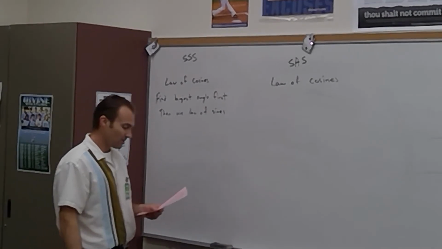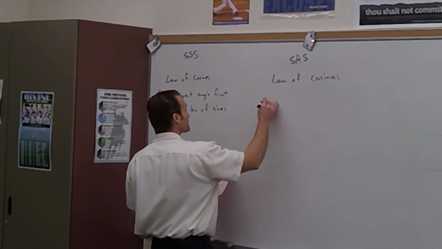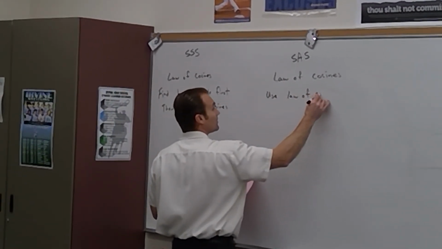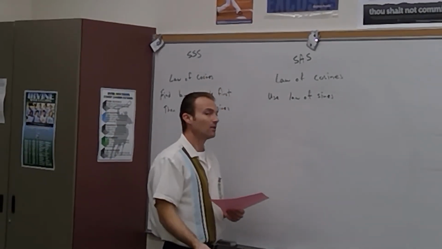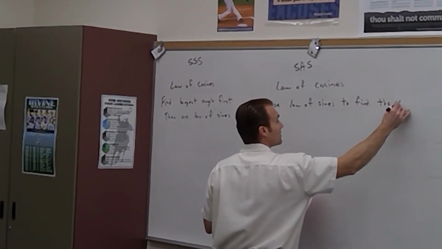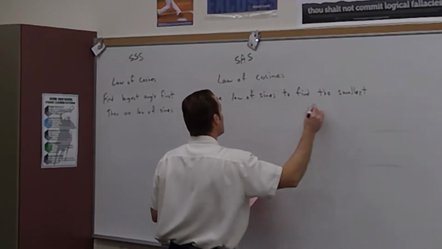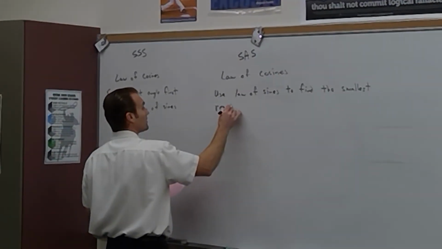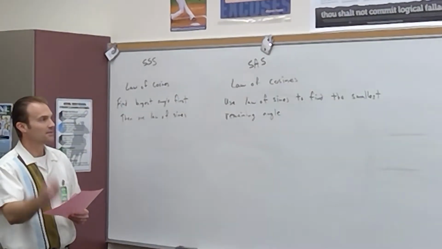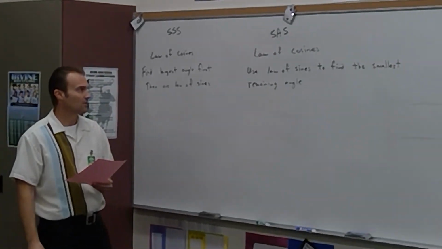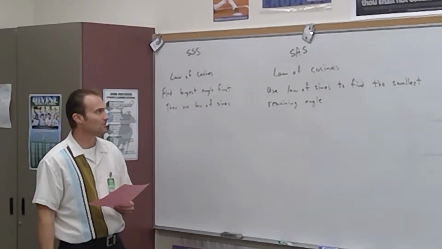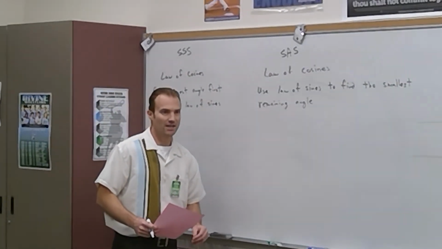I can then jump over to law of sines and find the smallest remaining angle, again because your calculator will not give you an obtuse angle when you're doing the law of sines. So make sure you're finding the smaller of the remaining two angles. It'll be guaranteed to be acute. Then you can simply subtract from 180 to find that last angle.